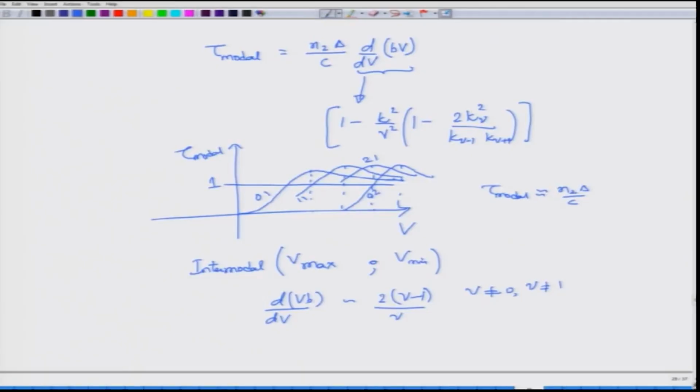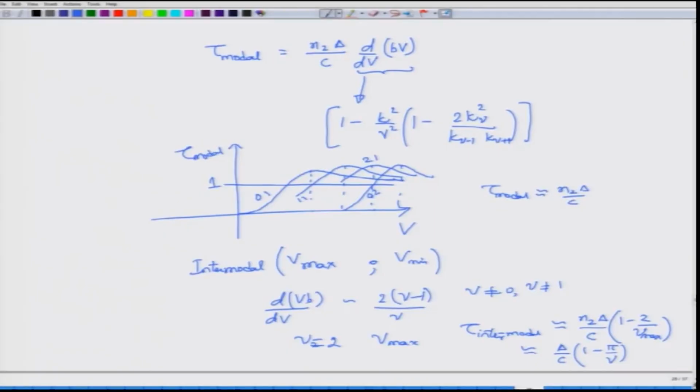When you look at this expression and calculate the difference between, say, nu equal to 2 and some nu max, you will see that this intermodal delay can be approximately written as n2 delta by c times 1 minus 2 nu max. So, when you start exciting a larger and larger number of modes, the intermodal delay depends on this. And this can further be approximated as delta by c times 1 minus pi by V, V being the parameter that you already know.